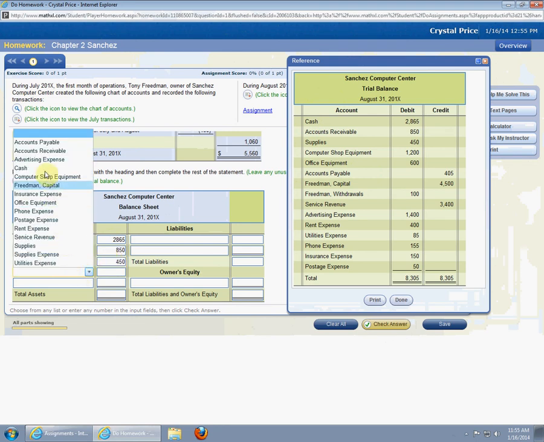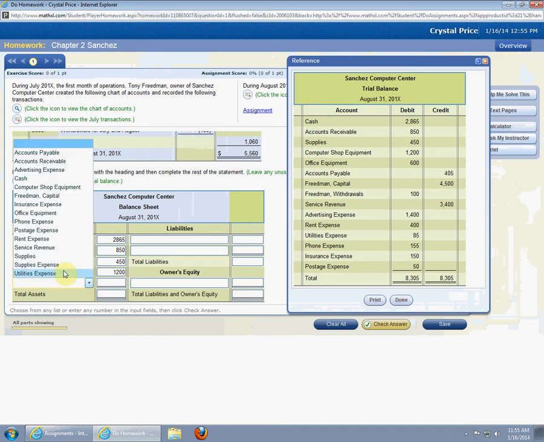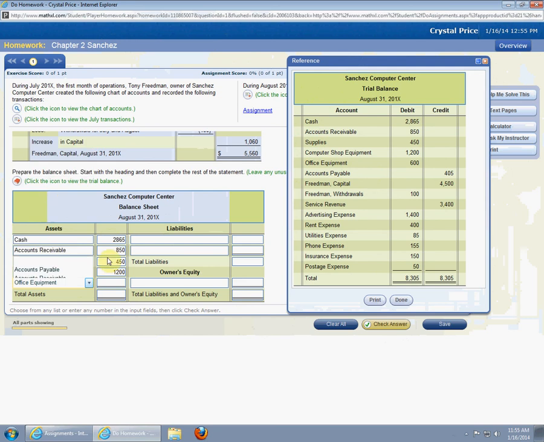Computer shop equipment. See, nothing has depreciated yet, so we just have the regular asset account, $1,200. And the last one, office equipment, and the amount is $600. I'm going to give you the total. It's $59.65.